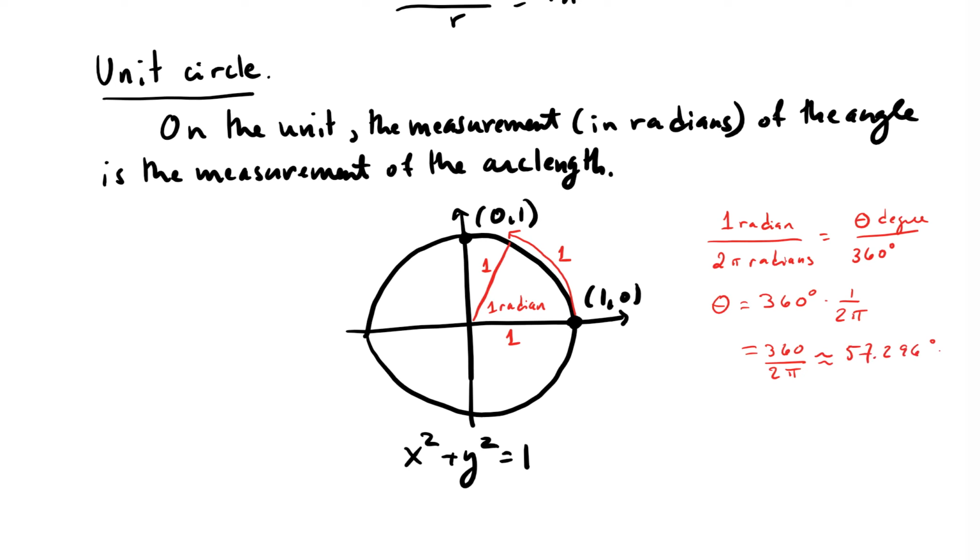So this is what 1 radian is roughly equal to, 57.296 degrees. So that's why I know that definitely it's in the first quadrant.